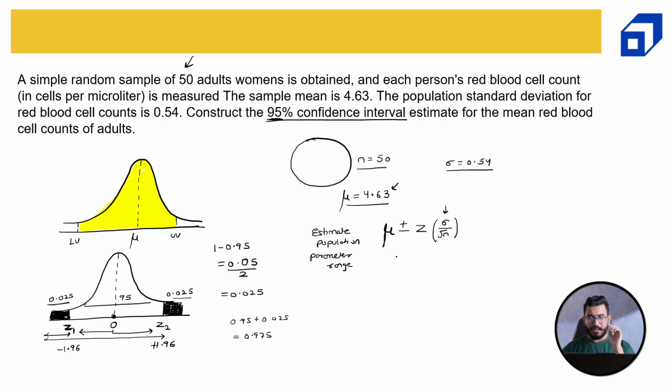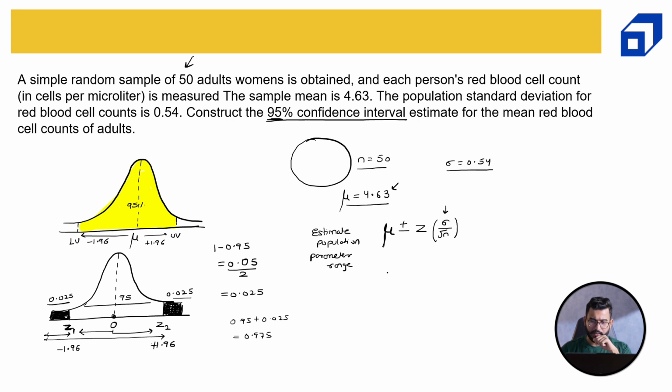So essentially, from the sample mean, we are just moving below and above to get this lower value and the upper value. So this is my mean. In order to get 95% confidence, I will move minus 1.96 standard deviations below and plus 1.96 standard deviations above the mean, and that will get me the population range.